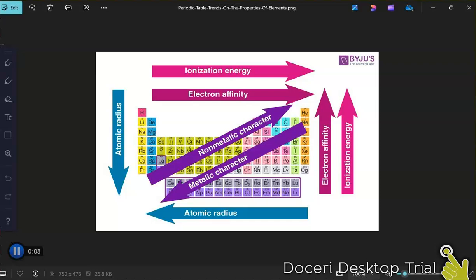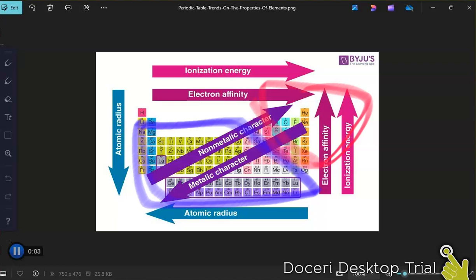Metallic and non-metallic character. As you covered the periodic table last week, you should remember now that metals are on the left side of the periodic table, and your non-metals are on the right side. As we go downward, they become more metallic in character.